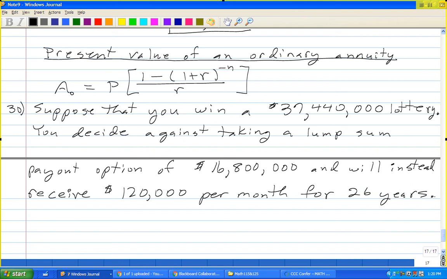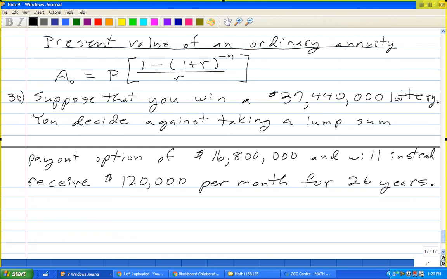This is the usual sort of amount for state lotteries. Some are different, but usually it's per month for 26 years. That's semi-standard.